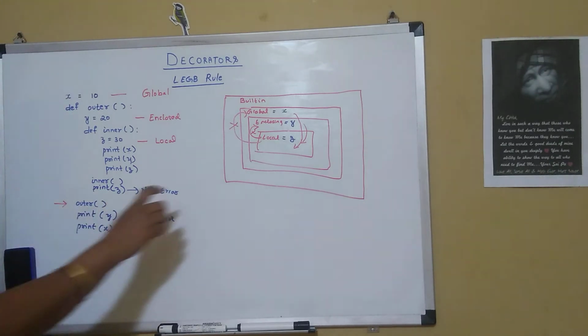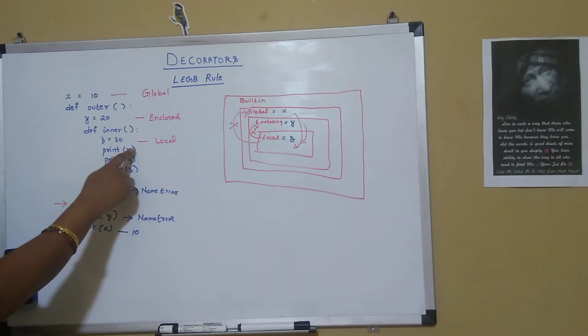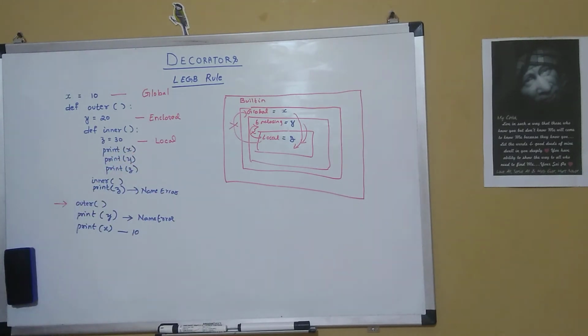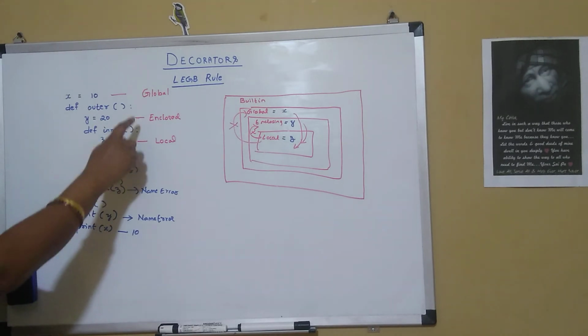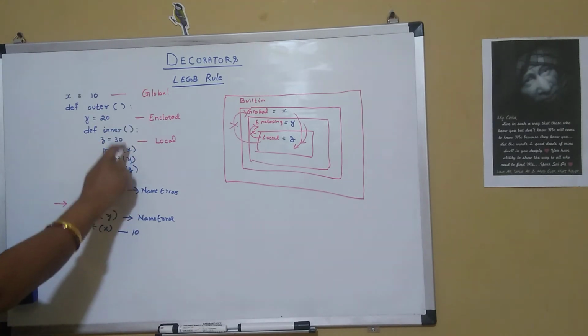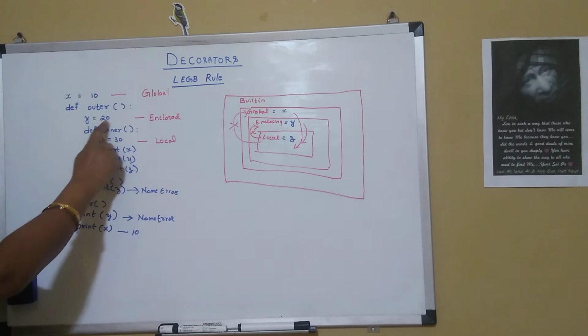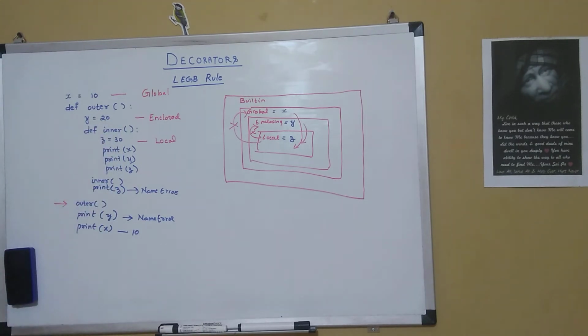So the local function can access x, y, z, but the enclosed function cannot access the local variable and the program cannot access the enclosed variables. So this is how it works in the Python programming language.